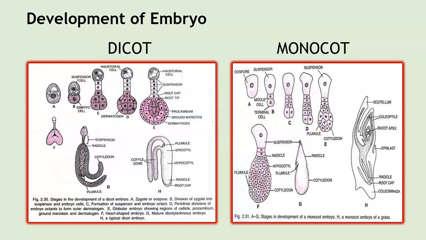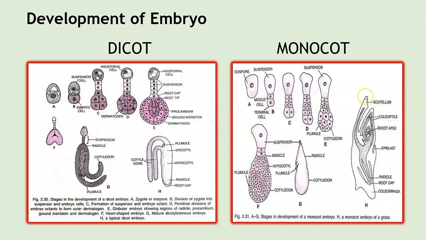The differences appear later. If you look at the monocot embryonic development, in the monocot embryo, a single cotyledon will occupy the terminal position, and the plumule is present in the lateral position. Now the single shield-shaped cotyledon is called a scutellum.